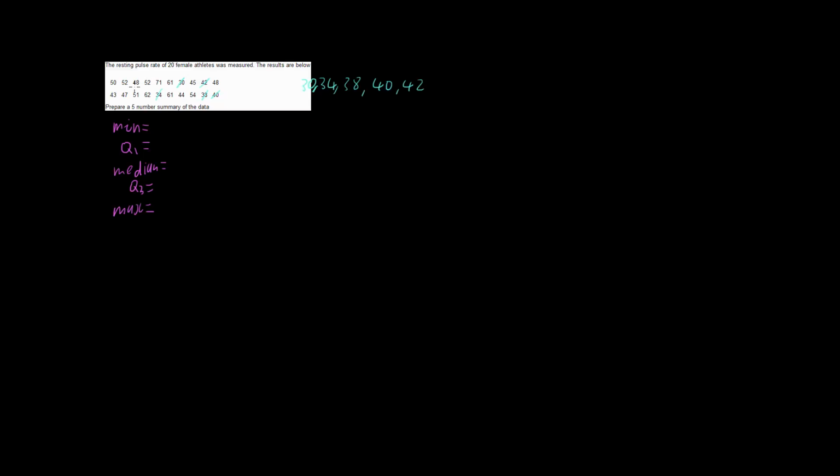looks like I've got a 43, and we can follow that up by a 44 and a 45. We've got a 47 and two 48s. Next is a 50, 51, 52.